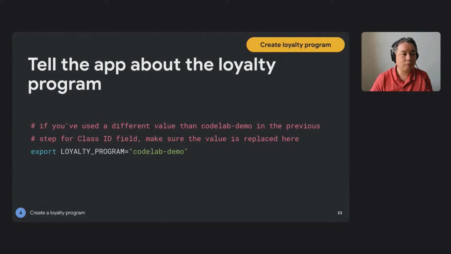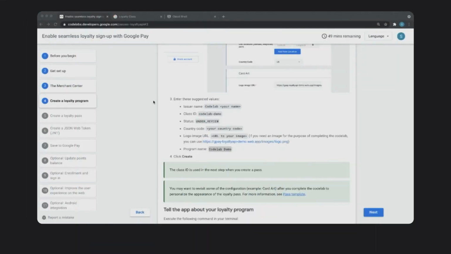And now what we want to do is tell our application about the loyalty program. So if you've kept the name the same as what was in the code lab, you should be able to just copy and paste this command as is. So let's switch back to the code lab.